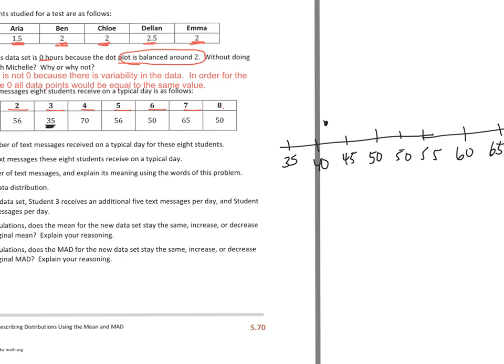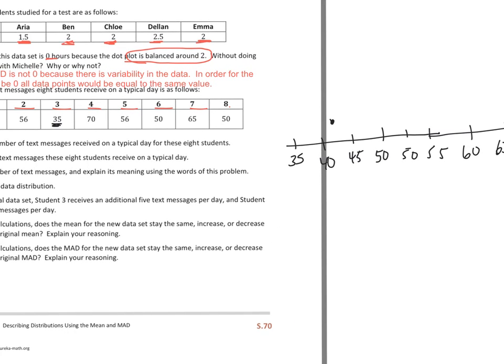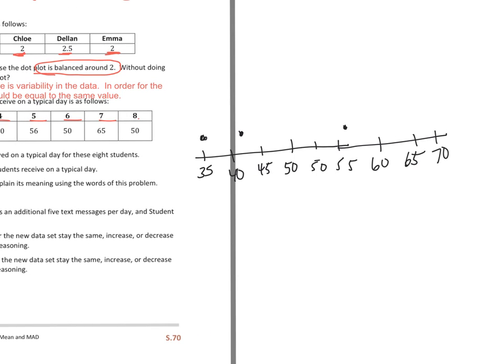And then I see I have 56. So find 56. Put a dot. 35. 70, which is way out here.